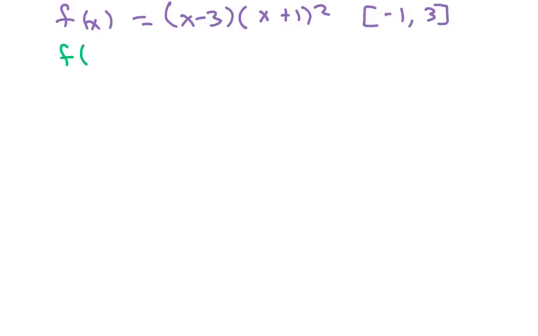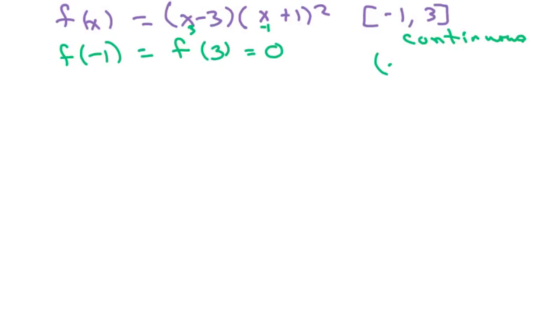I plug in negative 1. When I plug in negative 1 here, that's going to be 0. And then when I plug in 3 into this one, that's going to be 0. So it's going to zero everything out. Therefore, our function is continuous here on the closed interval, and it's differentiable on the open interval.